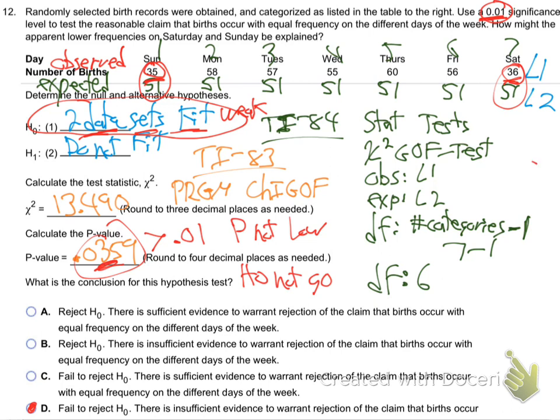It's just that they wanted it so strong that we can't say it's beyond 1% chance of luck, but there was pretty strong evidence that there's not equal spacing here. The weekends are less because doctors are choosing when to induce Monday through Friday, not the weekends. So in the end of this study, we determined that the two data sets do fit weakly. There's weak evidence that they fit.